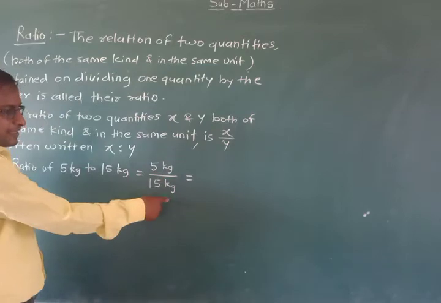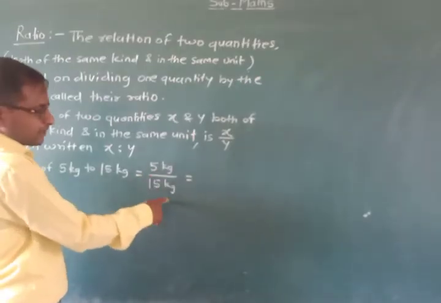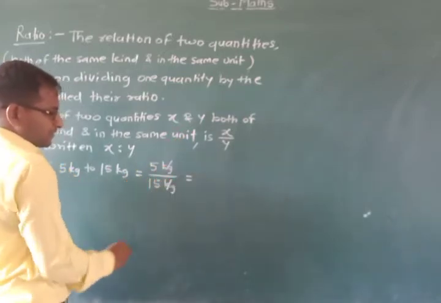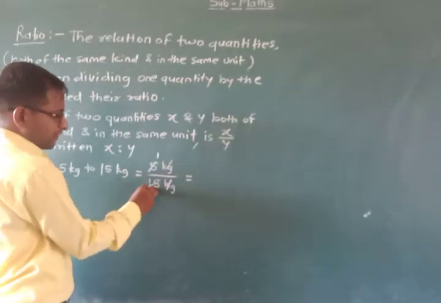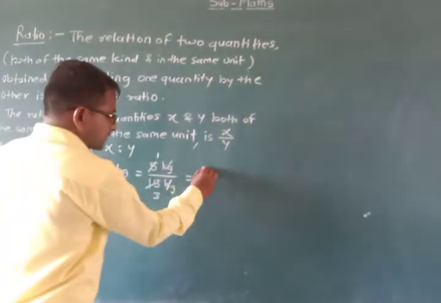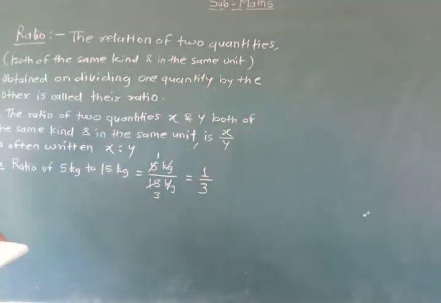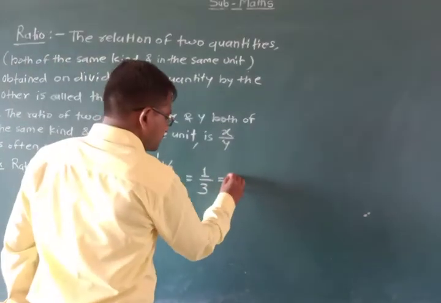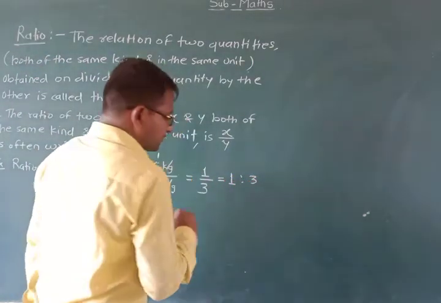Here the units are the same, kilograms, so kg gets cancelled. Then you write it in lowest form: 5 times 3 is 15, so you get 1 upon 3, or you write it as 1 is to 3 or 1 to 3.